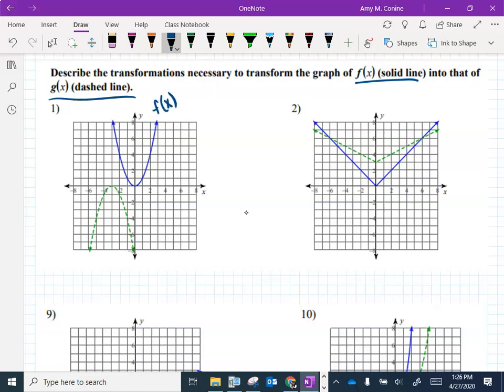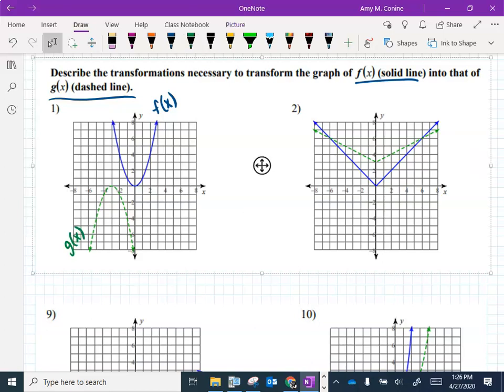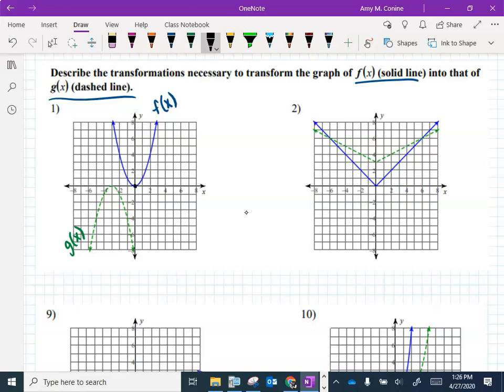This is our parent function, and then we're going to figure out how they got the dotted line one. I know it's the parent function because we have our vertex on 0, 0. 1 squared is 1, 2 squared is 4, and then the rest of it follows suit. So I know this is my parent function that I'm starting with. I can put the x squared there.